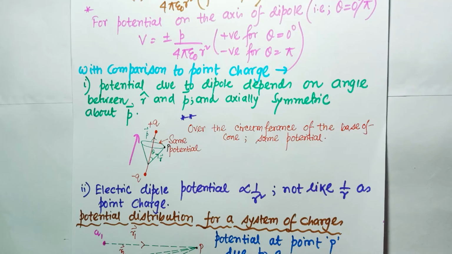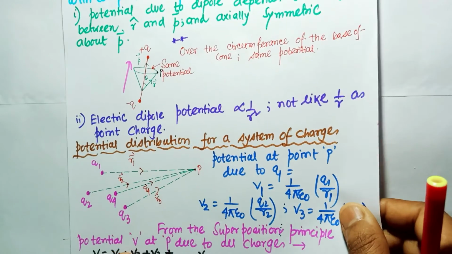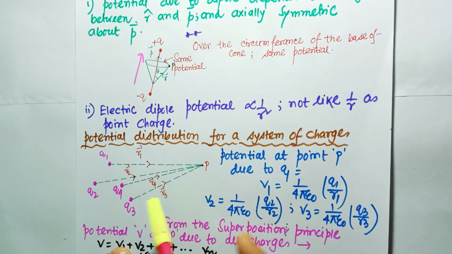Now we want to see the potential distribution for a system of charges. Suppose in space there are a few charges like q1, q2, q3 and q4, and we try to calculate the potential at any arbitrary point P. The distances of q1, q2, q3, q4 from P are r1, r2, r3, r4 respectively, as you can see from the figure.